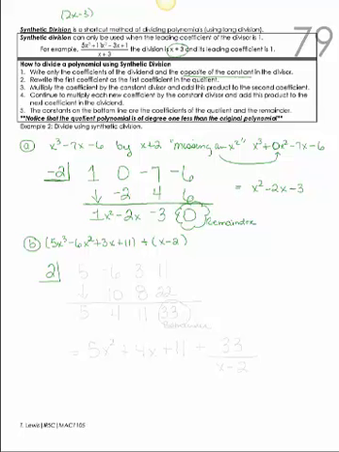So do we have any missing terms in our dividend? No. All right. Is it in descending order? Yes. So let's start. Let's write our coefficients. We have 5, negative 6, 3, and 11.